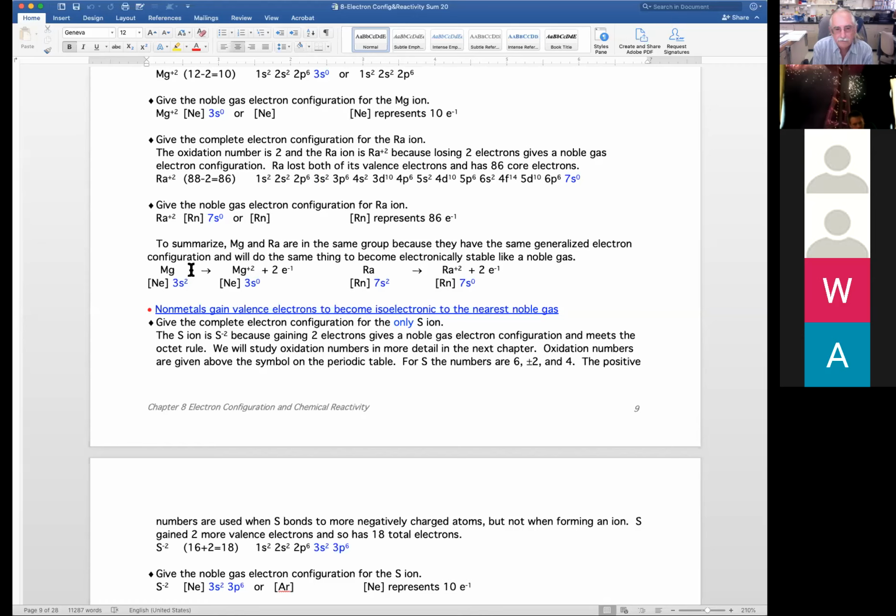It's reactive. What happens when it loses those 2 electrons? Now it has the same electron configuration as neon. And neon is a noble gas. It's extremely stable. So by losing those electrons, it becomes electronically stable. Same thing with radium.